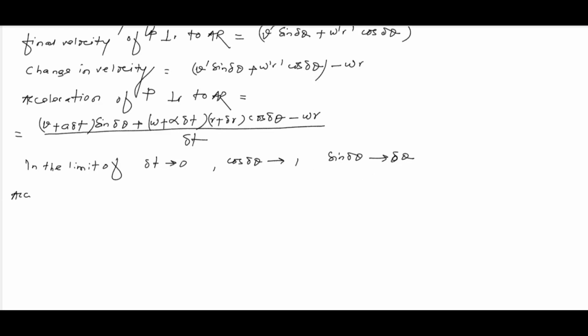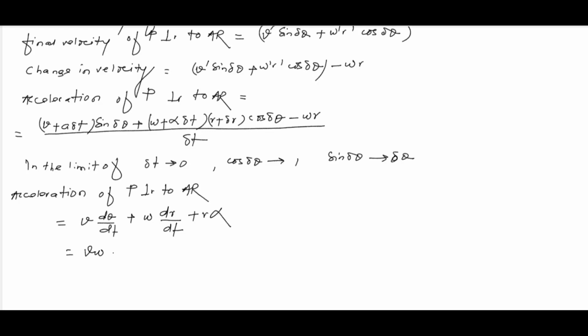So acceleration of P perpendicular to AR will be equal to v d theta by dt plus omega dr by dt plus r alpha, or we can say it is v omega plus omega v plus r alpha, or it is equal to 2 omega v plus the tangential component, because we know that when you wish to find the tangential component of acceleration, the formula is r alpha.